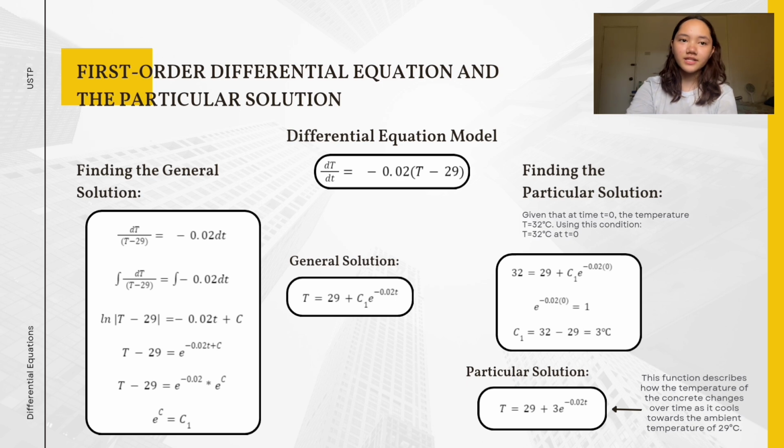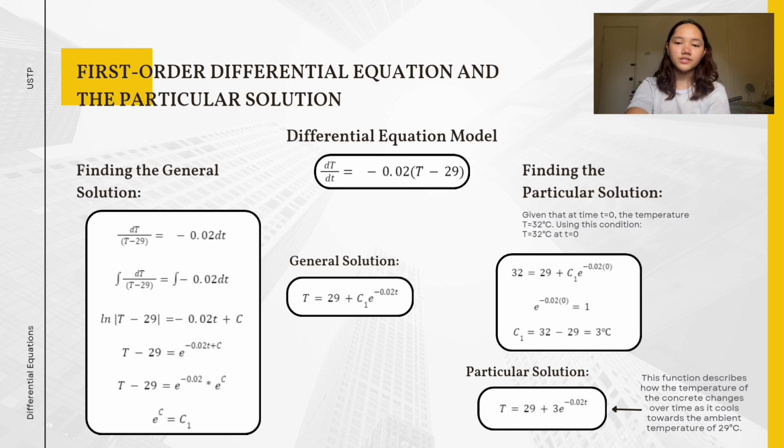Since we are given that at time 0 the temperature is 32 degrees Celsius, we use this condition. We input the values and it becomes 32 equals 29 plus c1 times e raised to negative 0.02 times 0. Since e raised to negative 0.02 times 0 is equal to 1, we multiply this to c1, making c1 equal to 32 minus 29, which is 3 degrees Celsius.